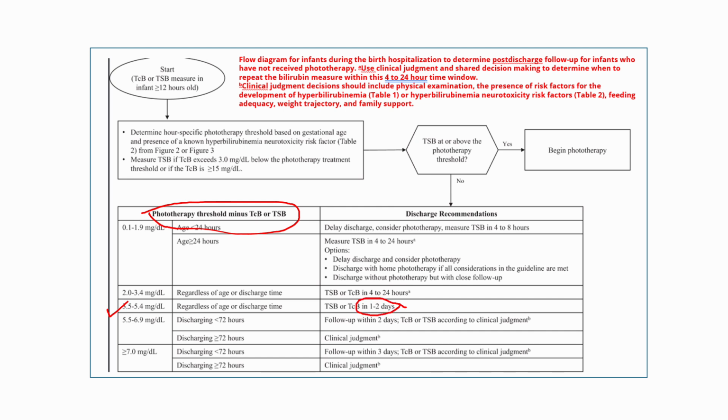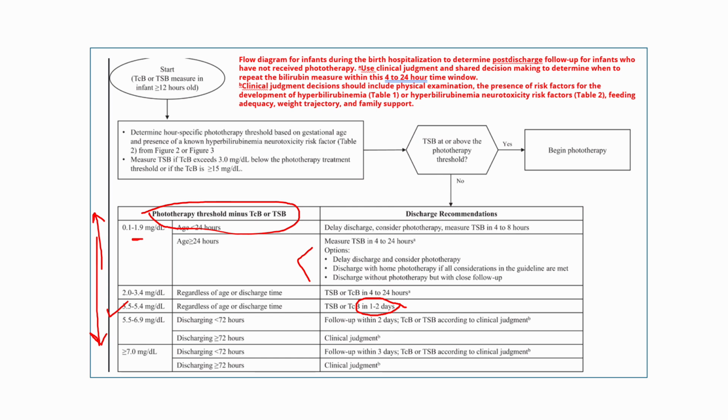The common sense is, the higher the delta, which means the more the difference, the more room you have to follow up. The closer the level is, like suppose the delta is only 1.5, you have to resume phototherapy or take some action. So the higher the delta, the more room you have.